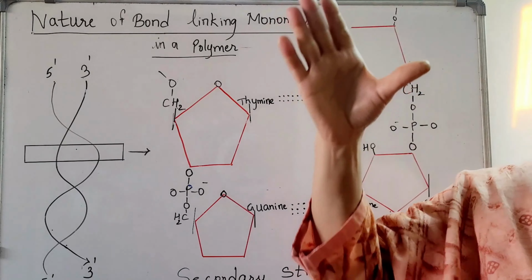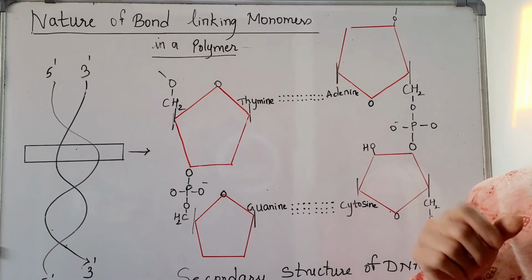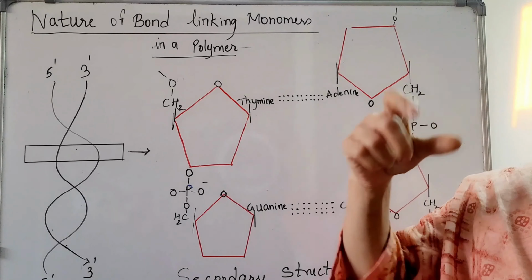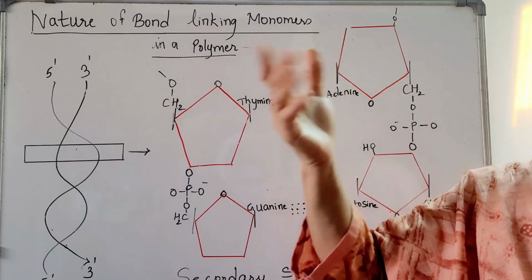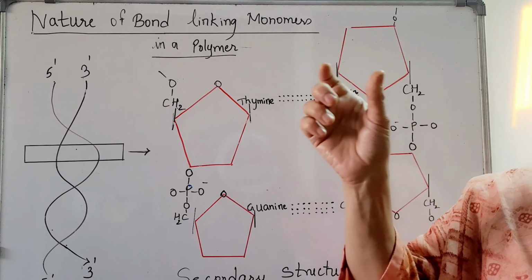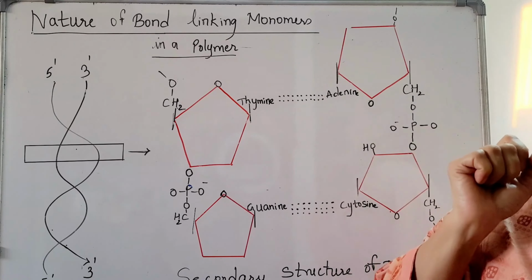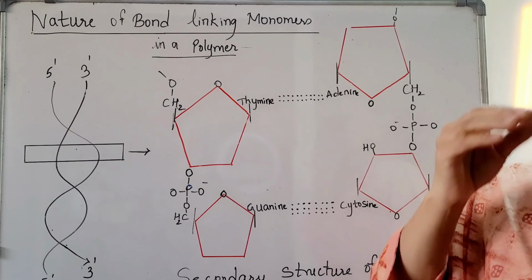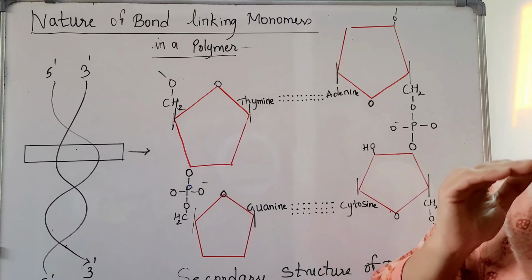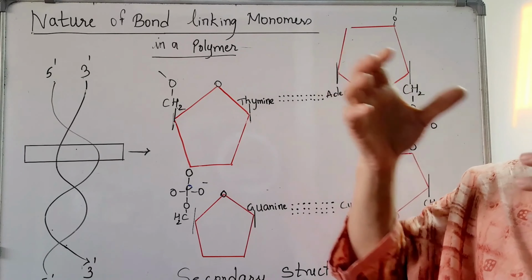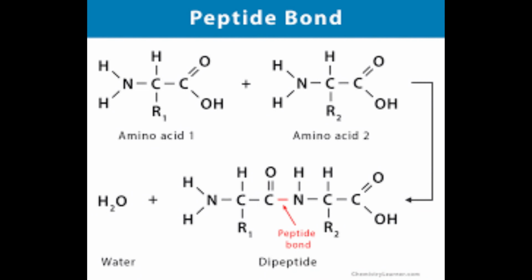In amino acids, the carboxylic group of one molecule bonds with the amino group of the other amino acid. The carboxylic group and the amino group bond together, and in the process water comes out. A water moiety, a water part, comes out while forming the peptide bond.